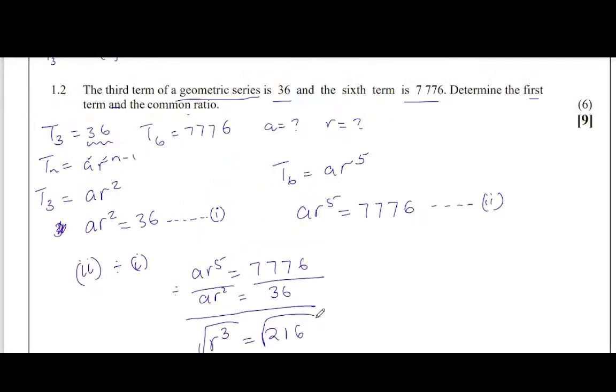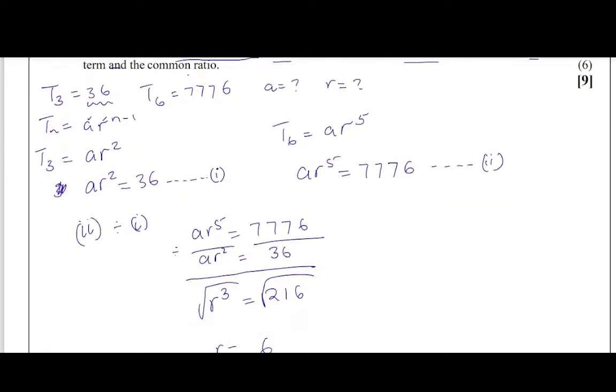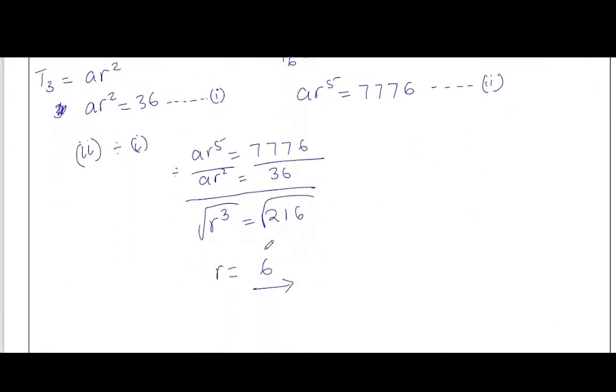Having obtained our common ratio as 6, we can substitute r into equation 1 to find a. So we are saying a times 6 squared is equal to 36. This will be 36a equals 36. Divide both sides by 36, which means our a is 1.